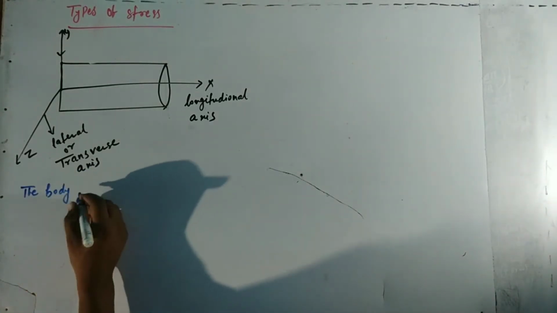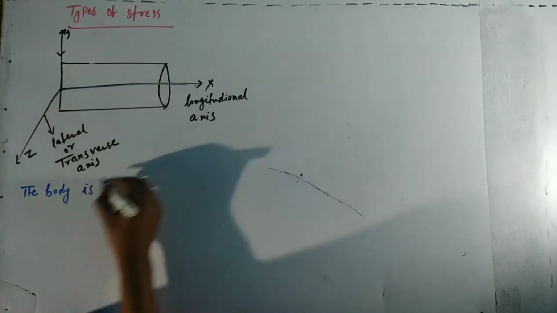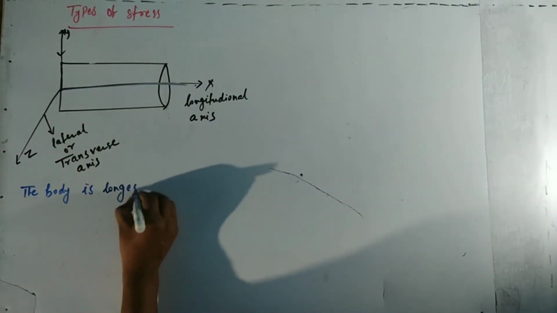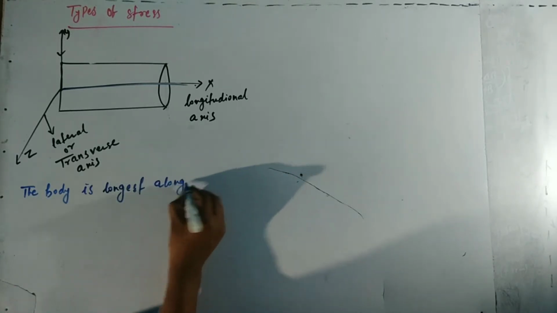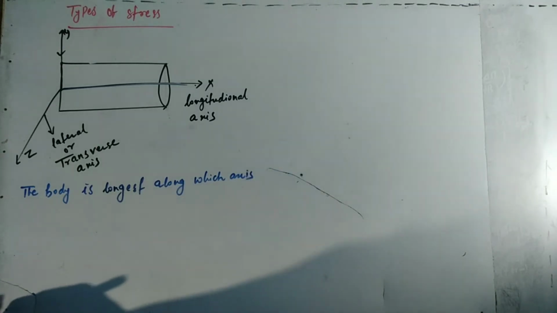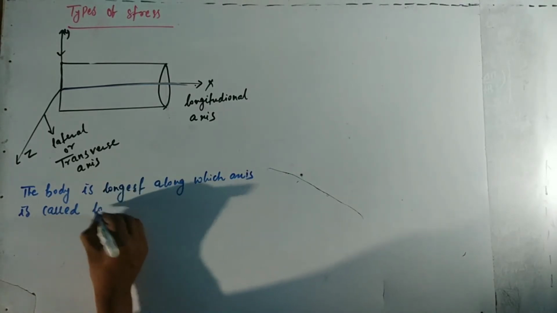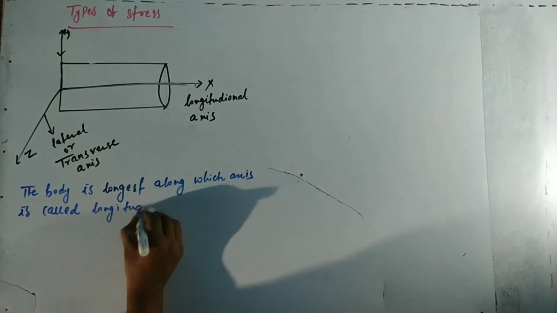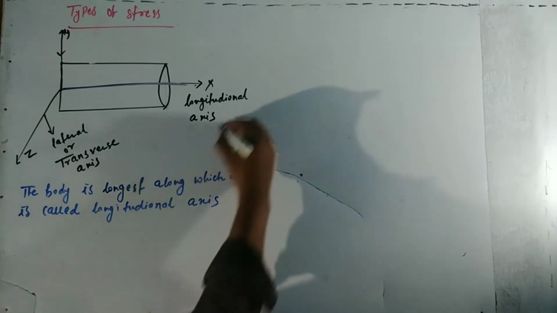The longitudinal axis is the axis along which the body is longest. Or we can define it: the axis along which the body is longest is called the longitudinal axis.